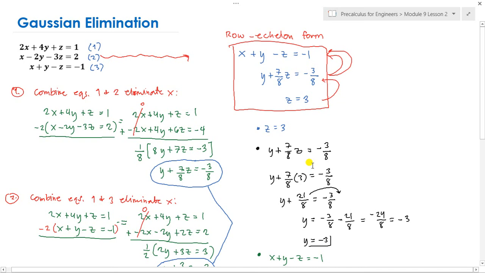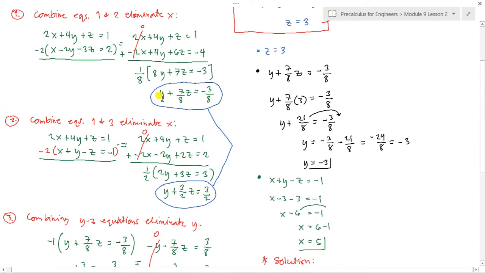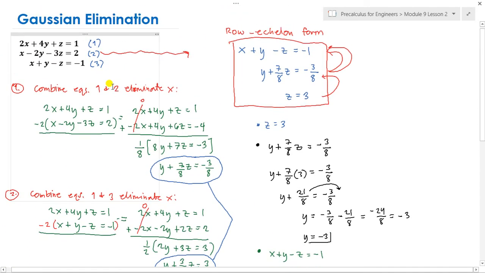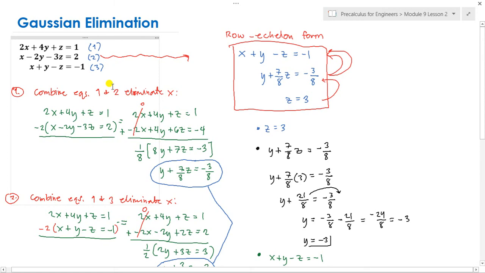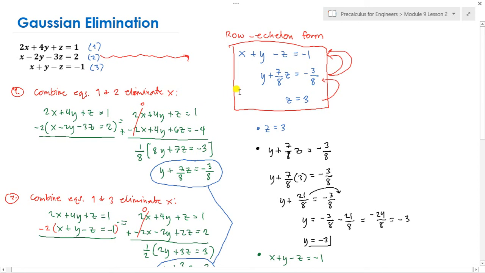So basically for Gaussian elimination, the goal is to convert the system into row echelon form. Once converted, you just back substitute. If we have 4 equations and 4 unknowns using Gaussian elimination, how many combinations did I do here? Three, since there were three. In 4 equations with 4 unknowns, probably about four combinations to generate the row echelon form.